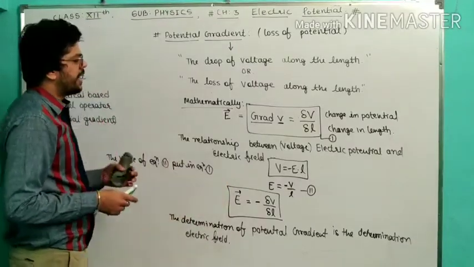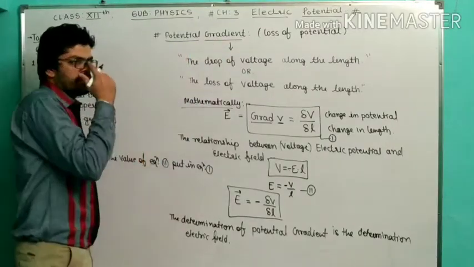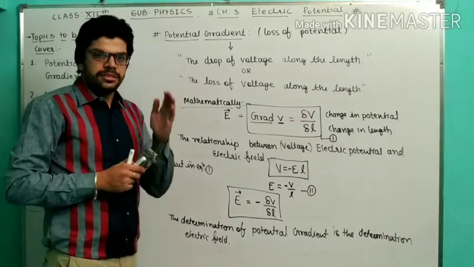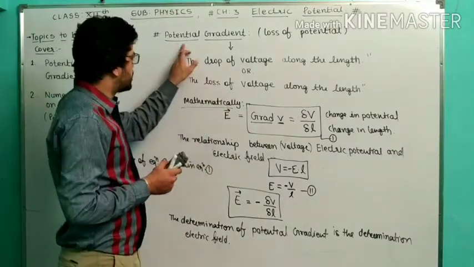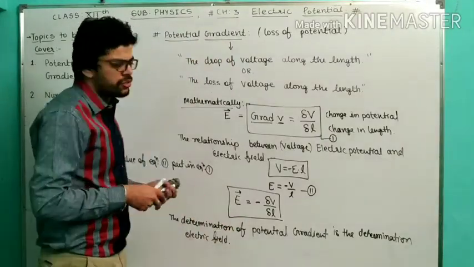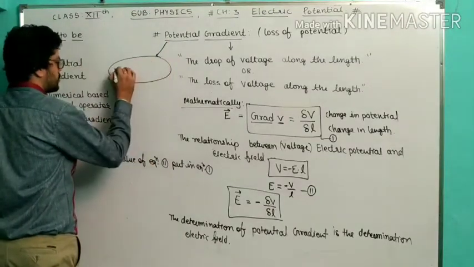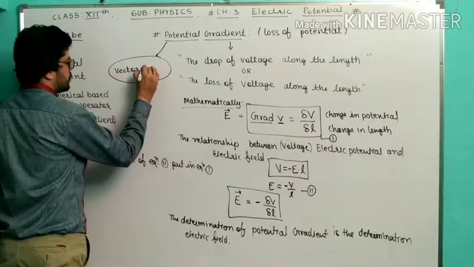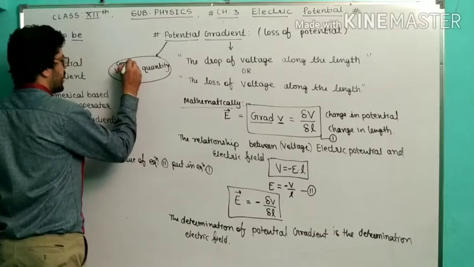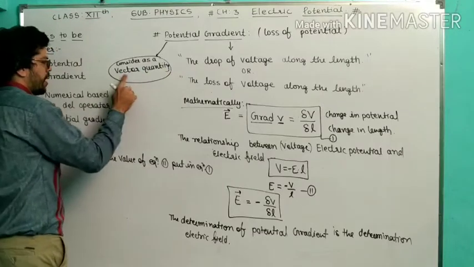Now let's come to the next understanding, in which we have to know whether potential gradient is a scalar quantity or a vector quantity. As you know, potential is a scalar quantity, but potential gradient is the determination of electric field, and electric field is a vector quantity. So we can say that the potential gradient is considered a vector quantity.